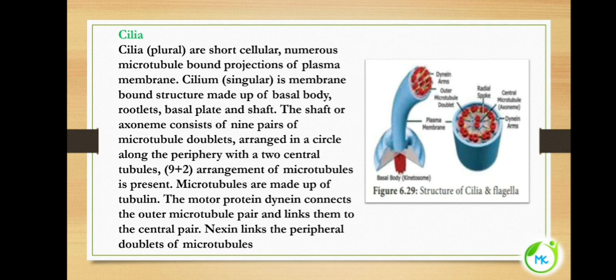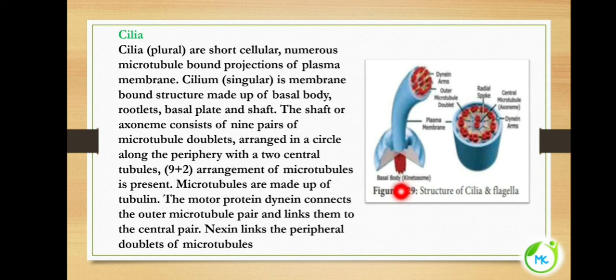Here also you have 9 pairs of microtubule doublets arranged in a circle along the periphery, and in the center you have 2. This is the same arrangement as the eukaryotic flagella. The microtubules here are also made up of tubulin.